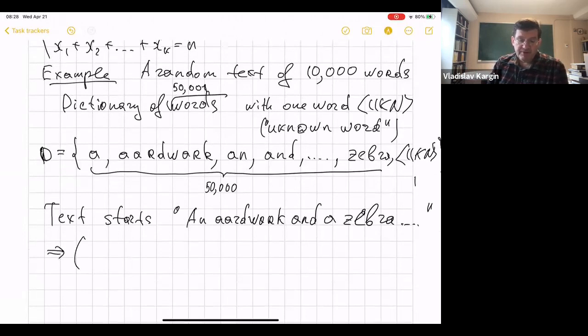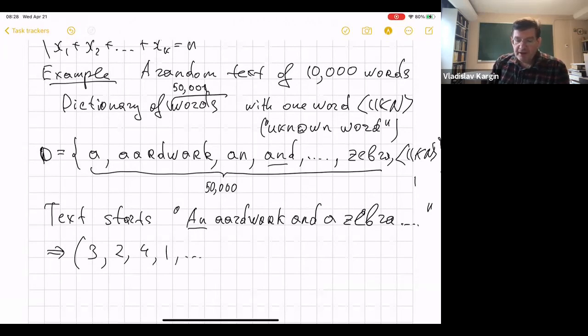The numbers will be something like this. N is the number 3 in this dictionary, so you put 3 here. Aardvark is the number 2, so you put 2. And is the number 4. A is the number 1.